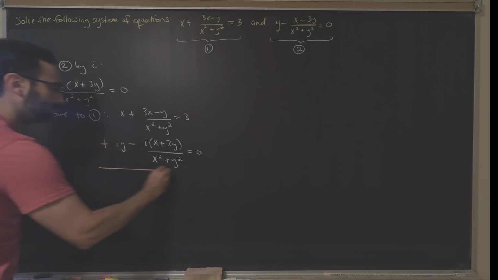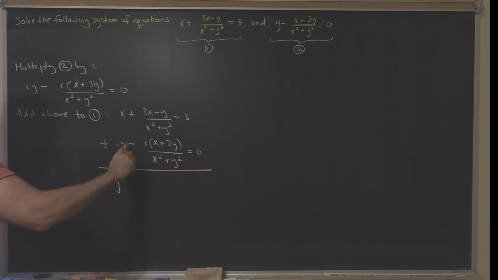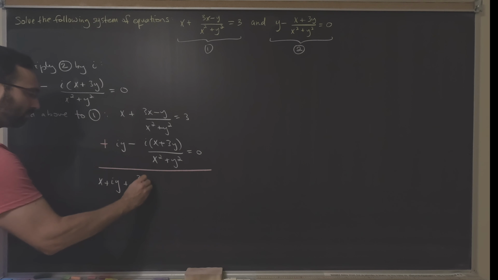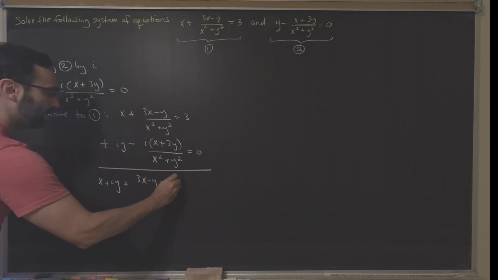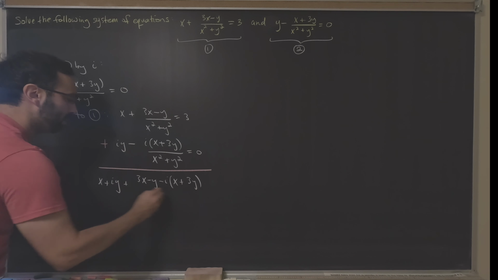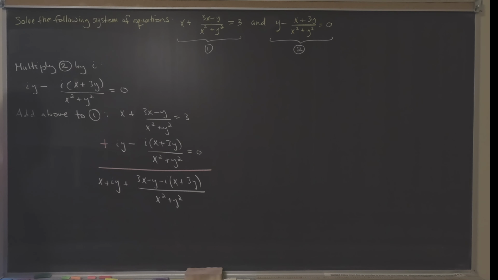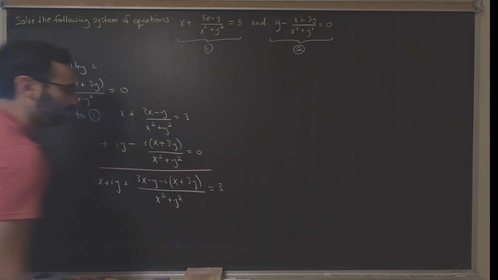So upon adding, we obtain the following. x plus iy plus this fraction minus this fraction, but those fractions have the same denominator. So we have 3x minus y subtract i times x plus 3y all over x squared plus y squared, and then equals 3 plus 0 is 3.